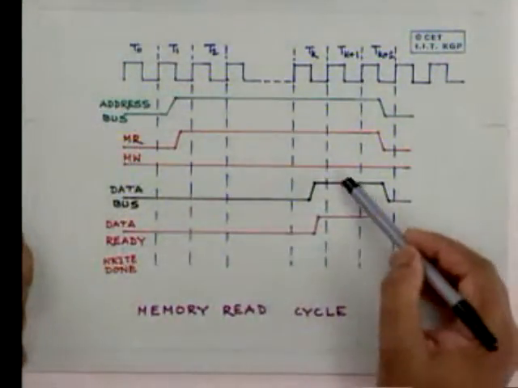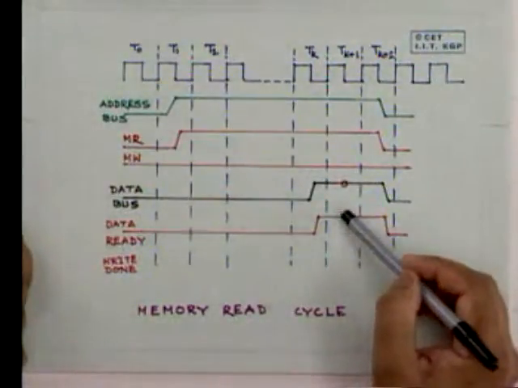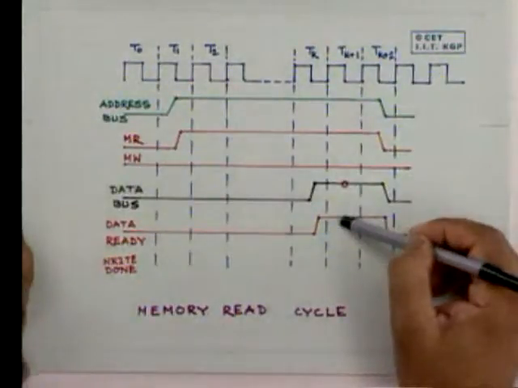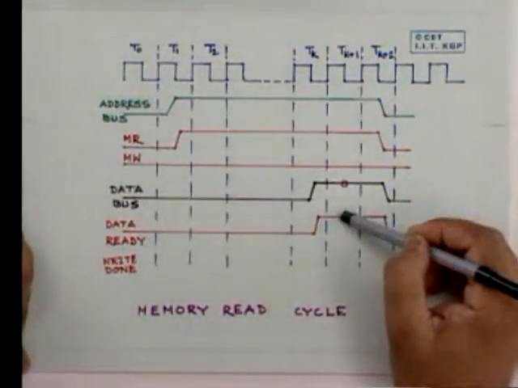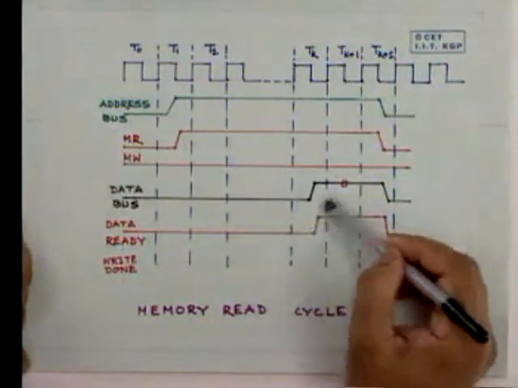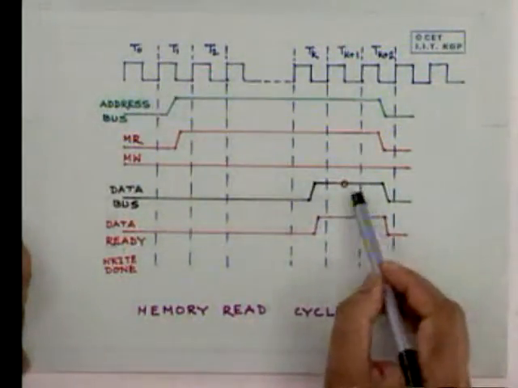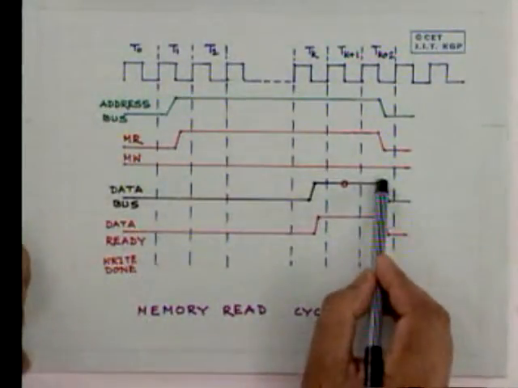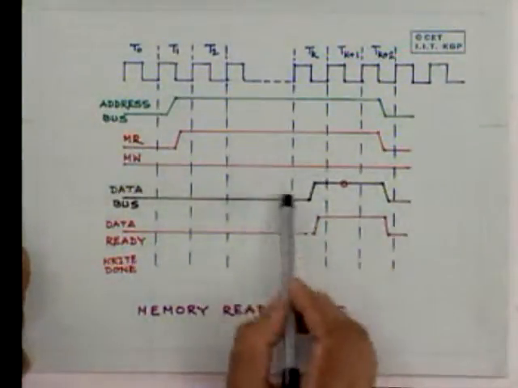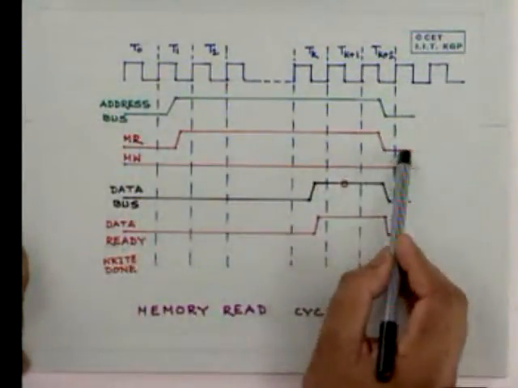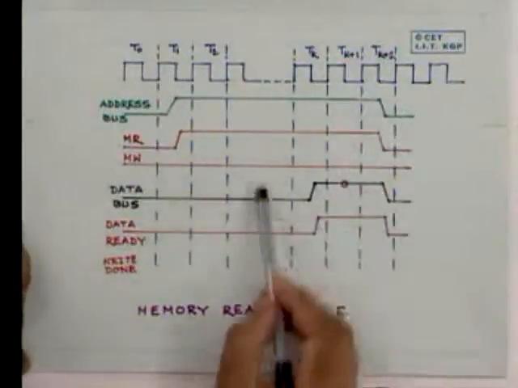On getting this data ready signal, the CPU, possibly at the (k+1)-th timing state, will strobe the data from the data bus, and then the data ready signal will be withdrawn, the data on the data bus will be withdrawn, the memory read signal will be withdrawn, and the address bus signal will be withdrawn.